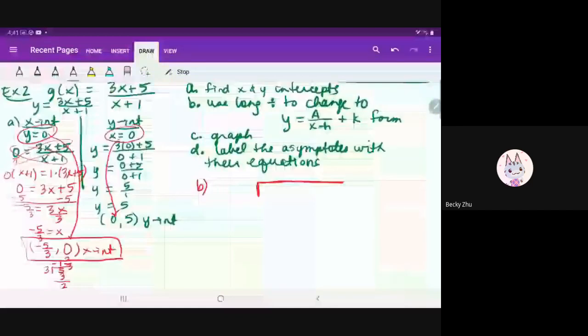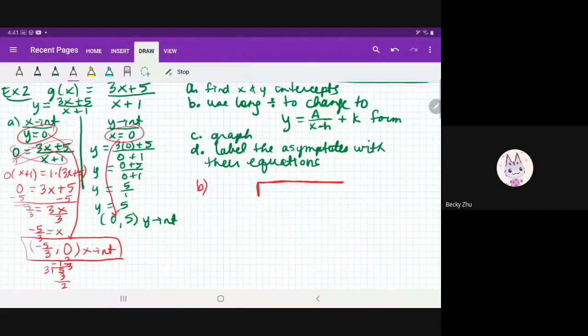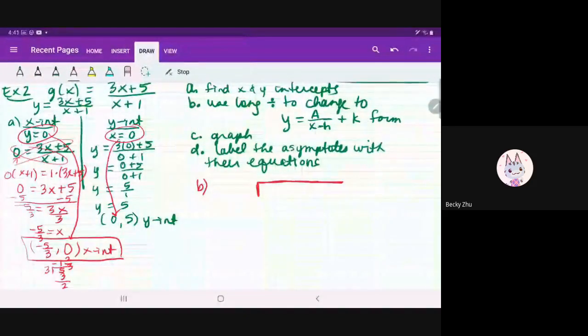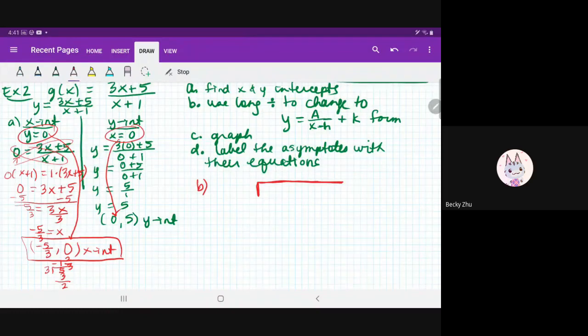So look up at the previous example so you could see which one you think goes in the front. Yes, so the x plus 1 goes in the front.